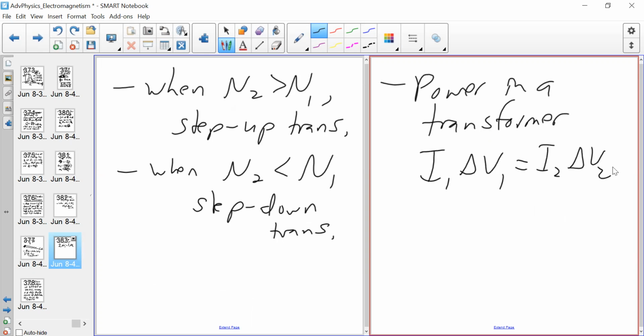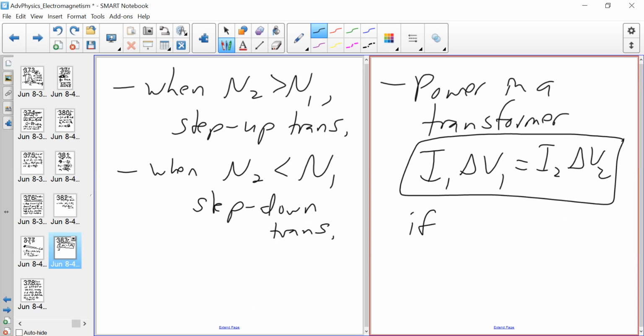So we basically want to conserve energy, with the net power loss being 0. Right, this is only equal if, or assuming, no power loss.